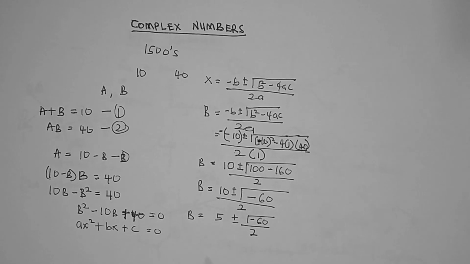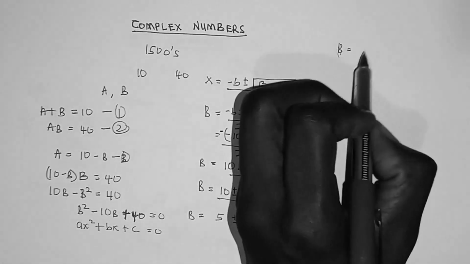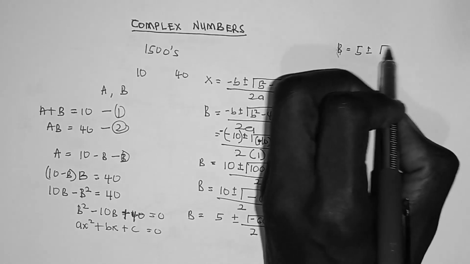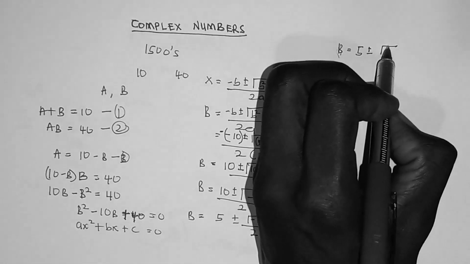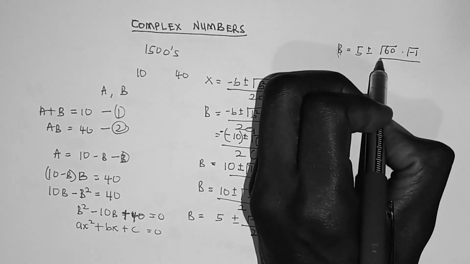In that instance, what we can do is factorize the square root of minus 1 out. So this can also be written as B is equal to 5 plus or minus square root of 60 times square root of minus 1, divided by 2.